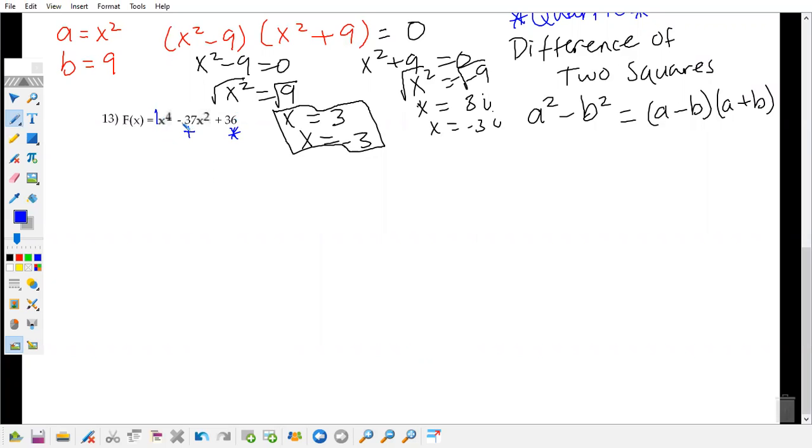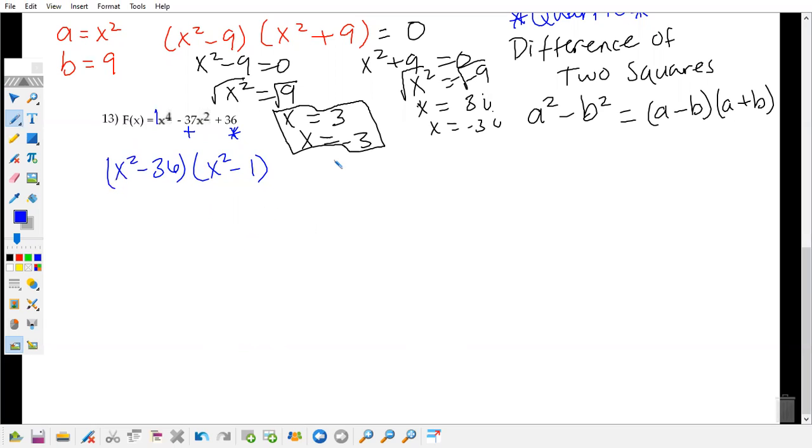There we go. They both have to be negative. So our factors would be x squared minus 36 and x squared minus 1. Because a negative times a negative is a positive, and negative 36 plus negative 1 makes negative 37.